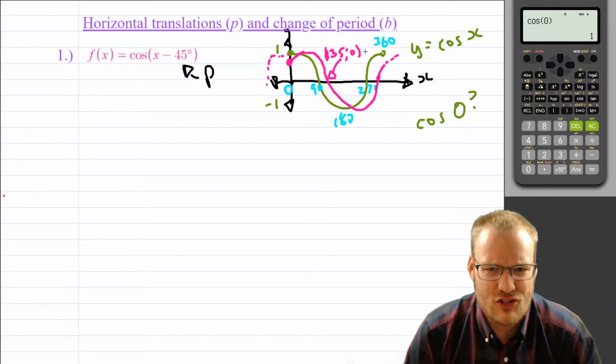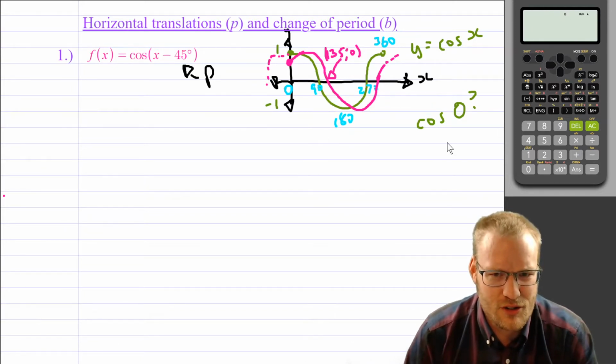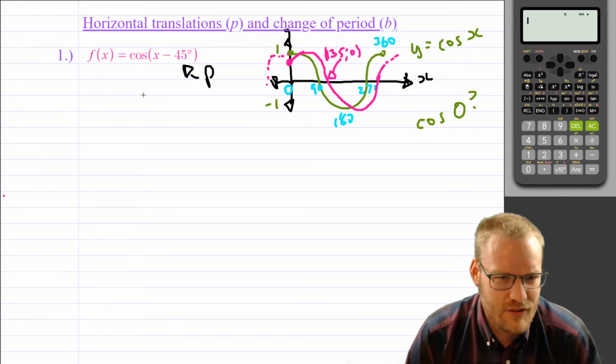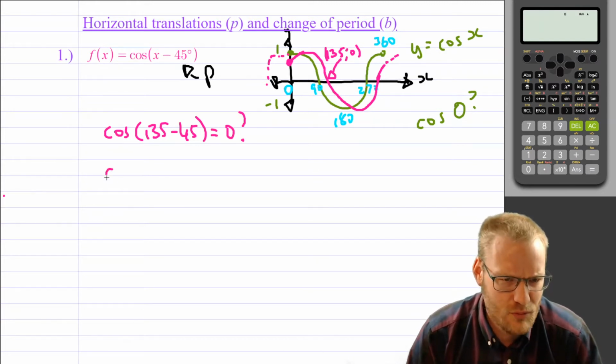And again, we can just check it. But we're going to check with our calculator and use our wits to go, well, if we input 135, so if we put cos of (135 minus 45), are we going to get 0? If we are, then we're good. Well, what is 135 minus 45?